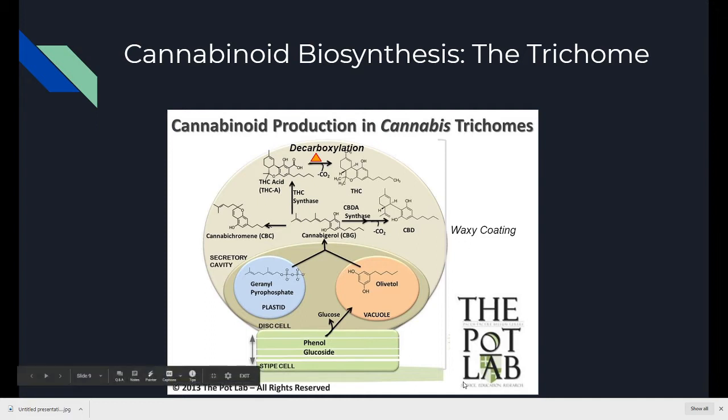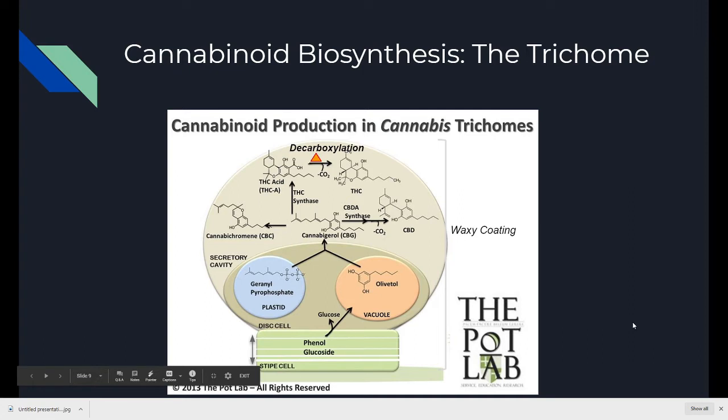These two combine to make cannabigerol, which is a precursor to all cannabinoids. This cannabigerol can convert without enzyme to cannabichromene, THC acid, or CBD acid. And the THC acid or CBD acids can then be transformed, or decarboxylated, by heat into THC or CBD.